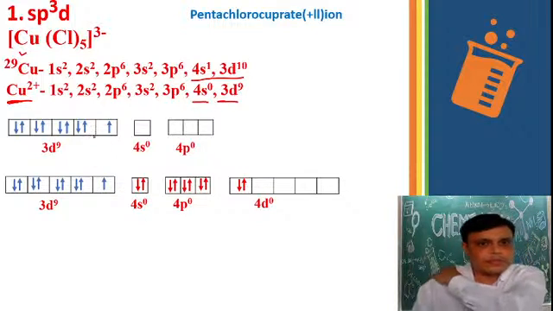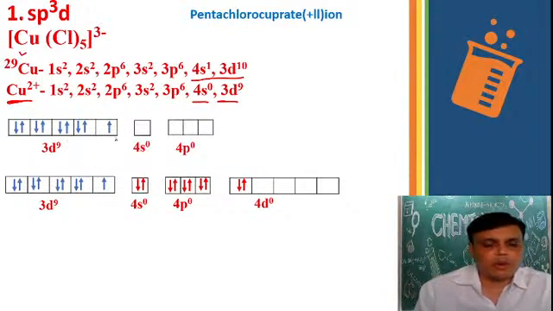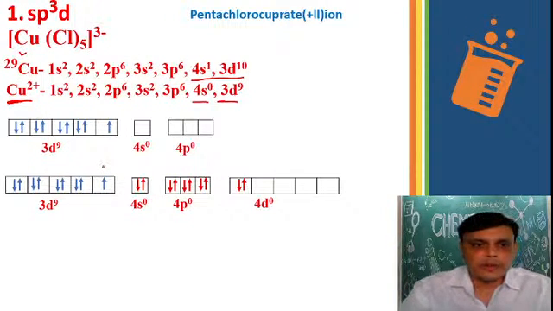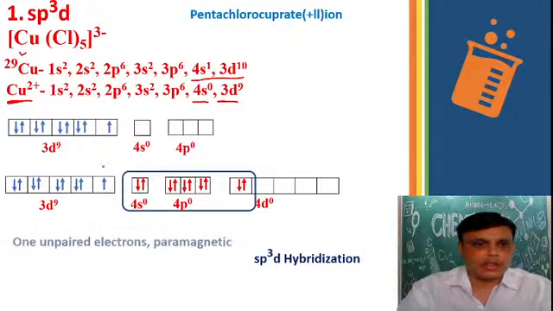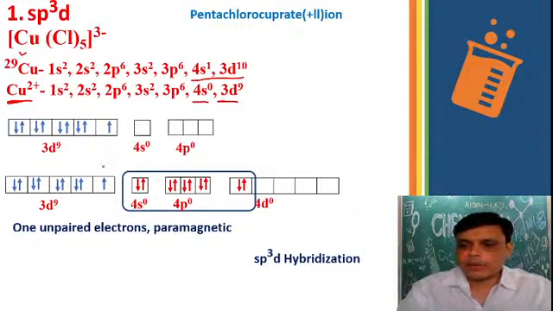Then put these 3d9 electrons or draw the box diagram, then do the hybridization: 4s, 4p and 4d orbitals will undergo hybridization and give sp3d hybridization. One unpaired electron, that means the complex is paramagnetic.